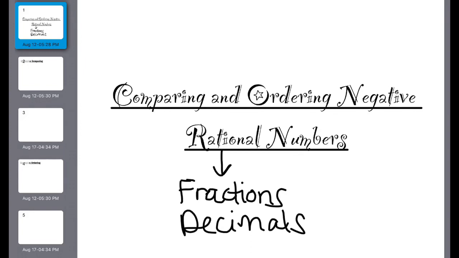If you would like to go back and look at the examples again to remember how to do it, this video is available on Canvas as well as your notes under your Pages tab called Comparing and Ordering Negative Rational Numbers. So we don't need our spirals out. We just need to be listening and paying attention. And I'm going to do a couple problems with you, and then you guys will try some on your desks.